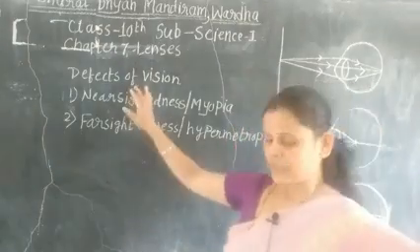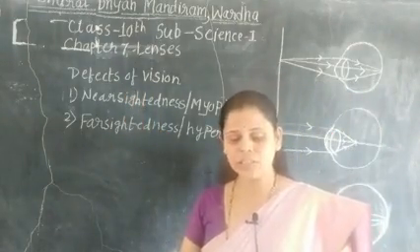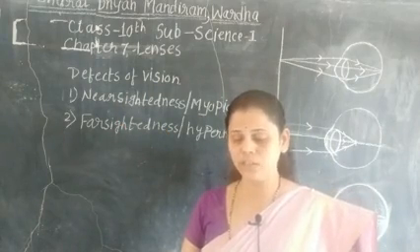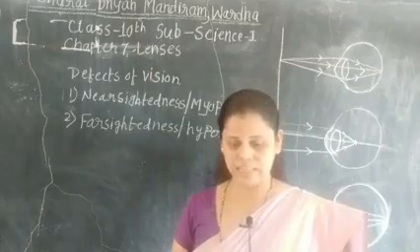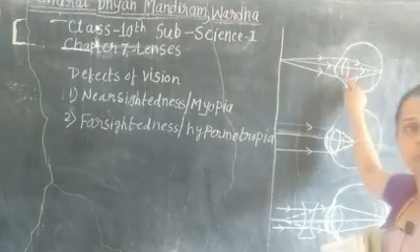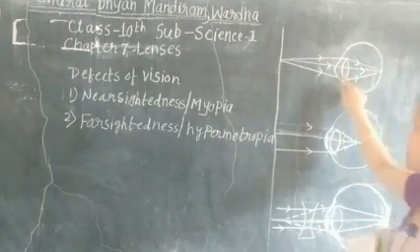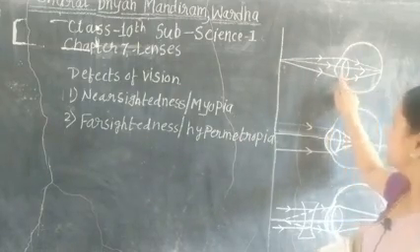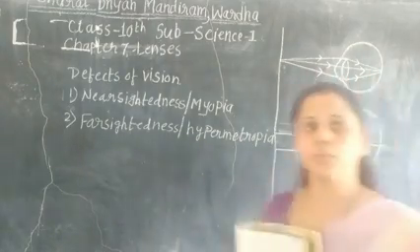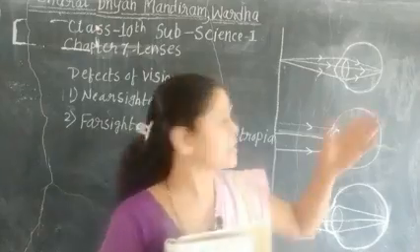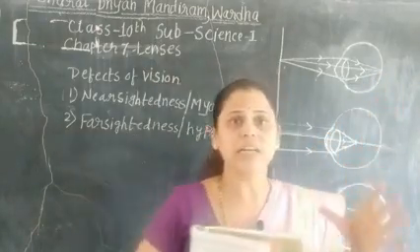Some people cannot see things clearly due to the loss of accommodation power of the lenses in their eyes. In our eyes there is a convex lens, and the light rays refracted from this lens form the image on the retina. If the image is formed on the retina, then we can see a clear image.